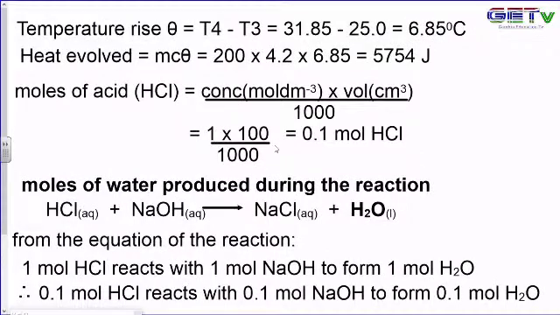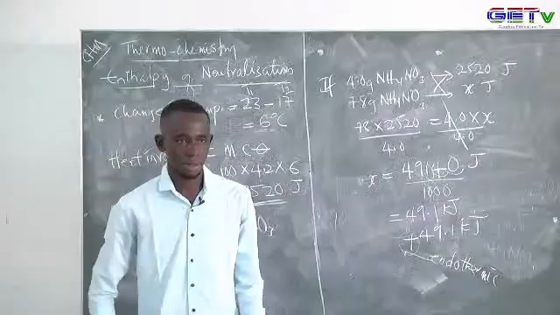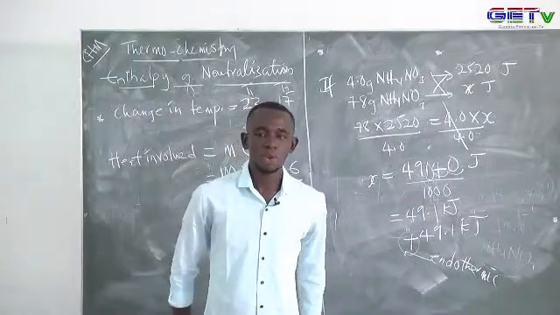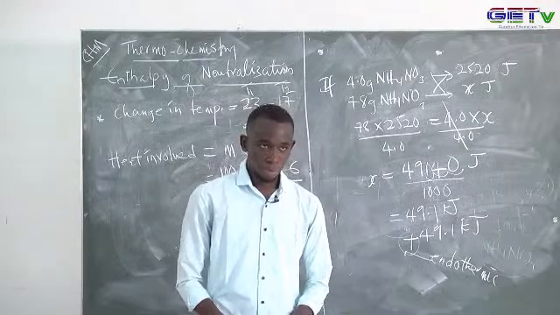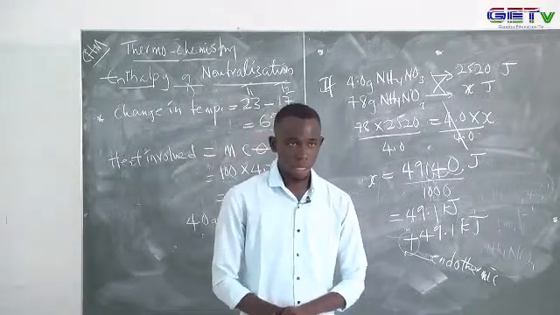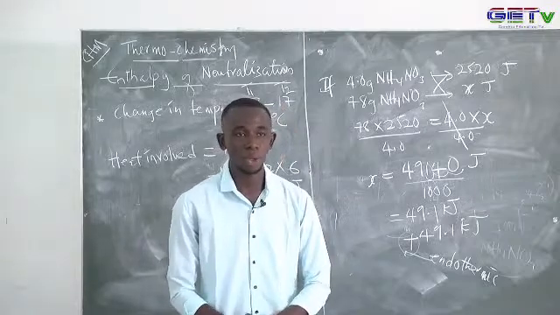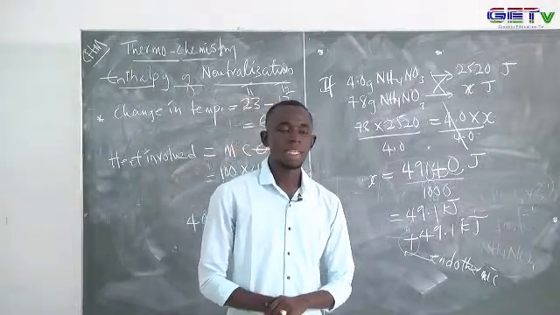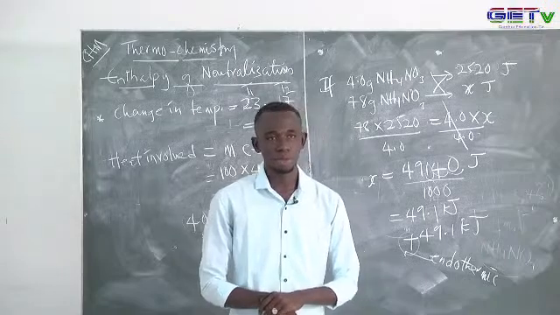Now, we have temperature rise, that is theta, which is calculated by T4 minus T3, and the T4 is the final temperature and the T3 is the average initial temperature.